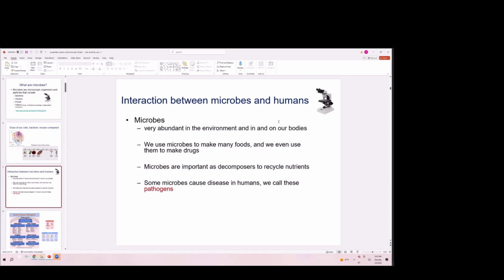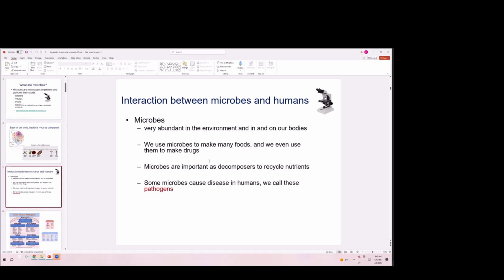And I put here, microbes are very abundant in the environment and in our bodies. We use some microbes to make food, and we even use some to make drugs. Some microbes are also involved in decomposition of dead material to recycle nutrients.